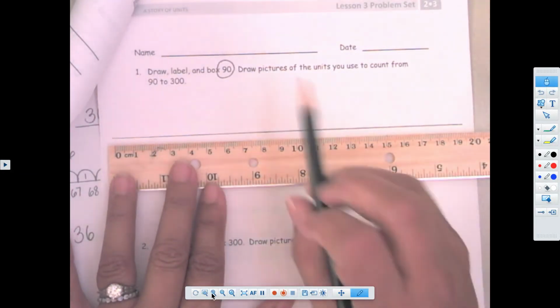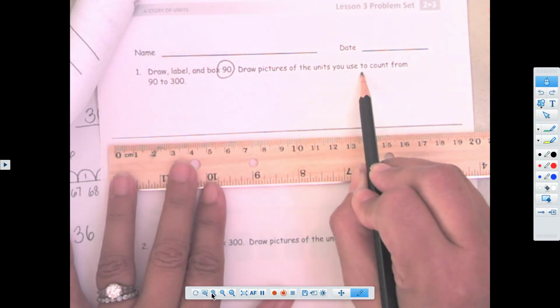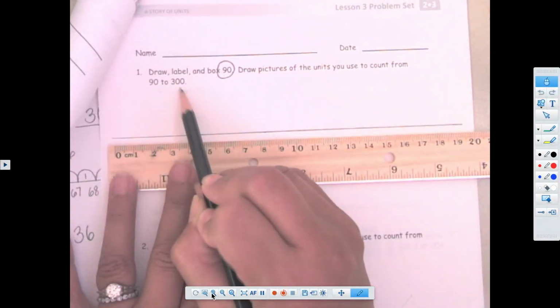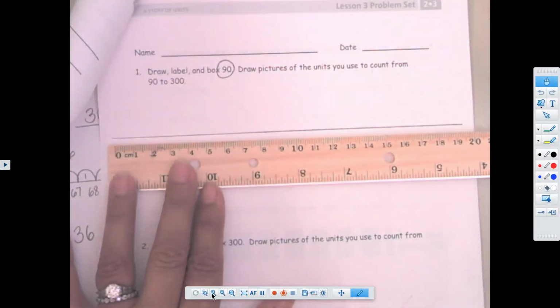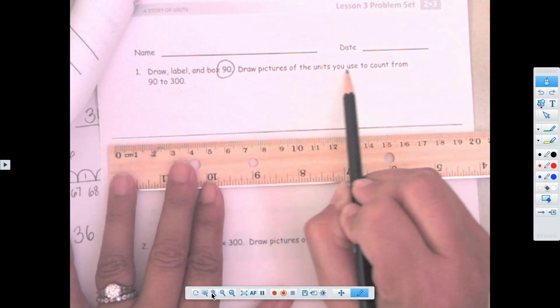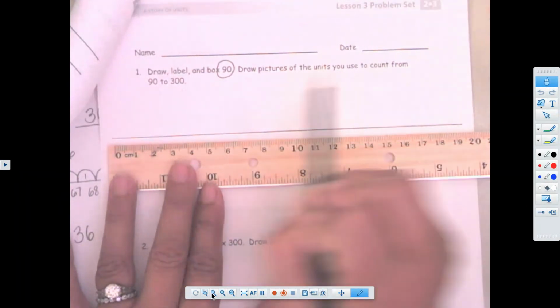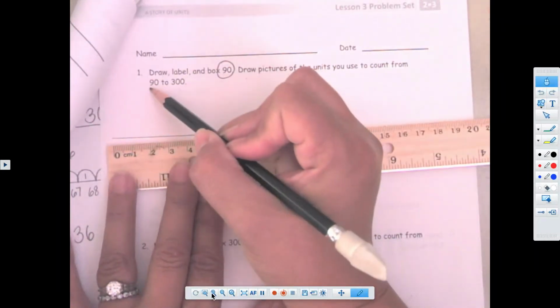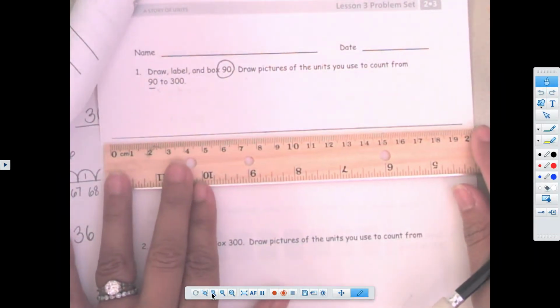All right, draw pictures of units you use to count from 90 to 300. Sorry, I better pay attention to that number. Let me read it again. Draw pictures of the units you use to count from 90 to 300. So that tells me I have to start with 90. All right, and that's a really good solid number, so I can probably hop by tens, and maybe I can even use 100.